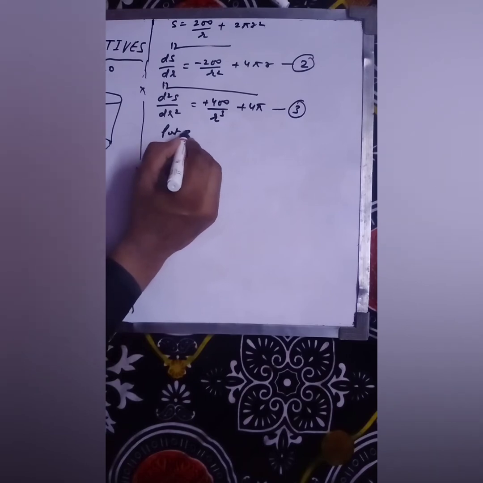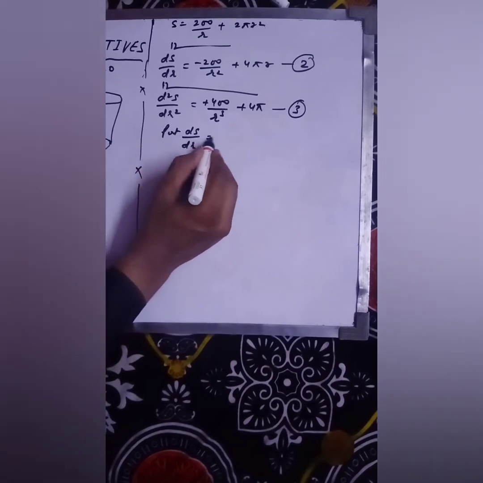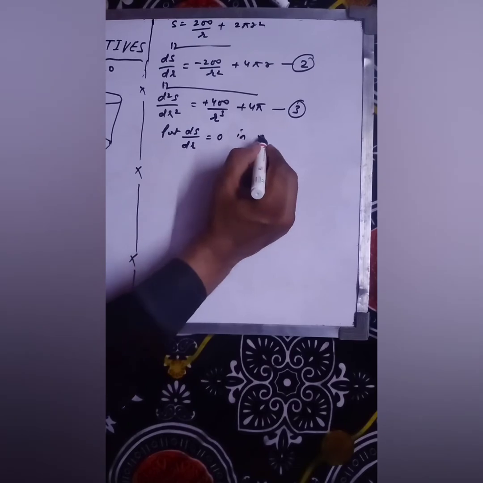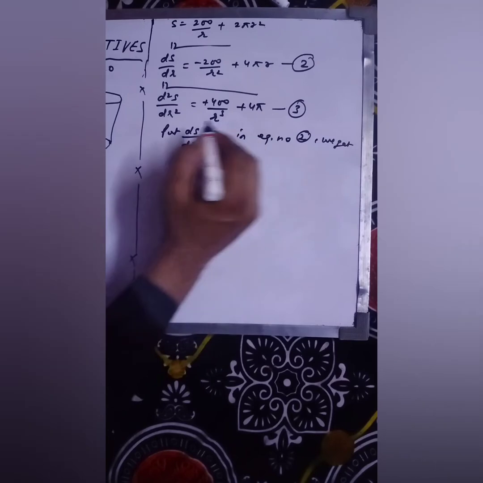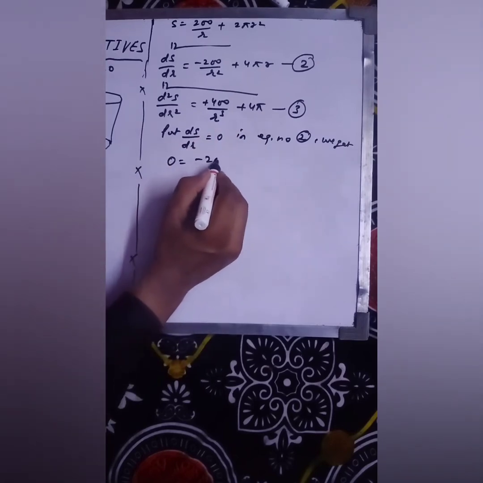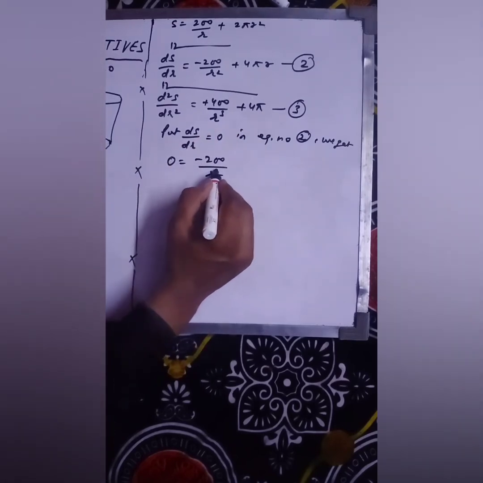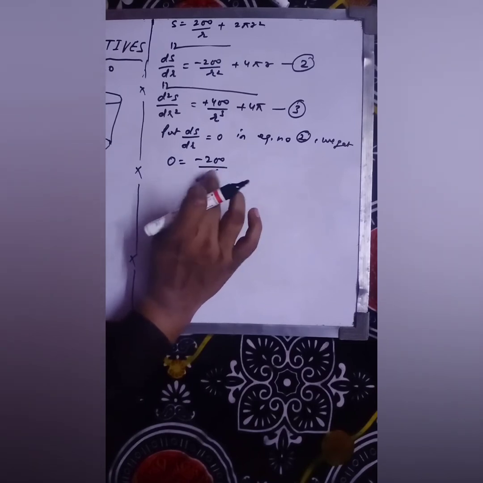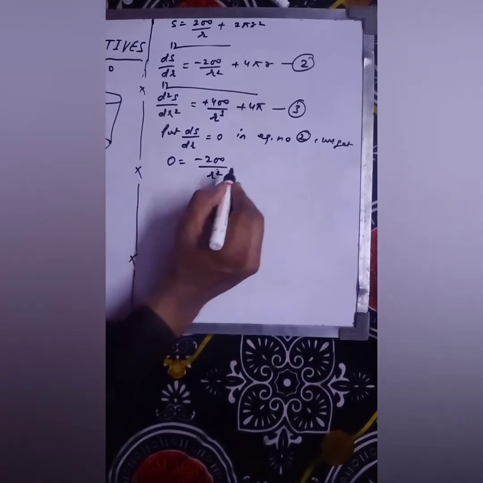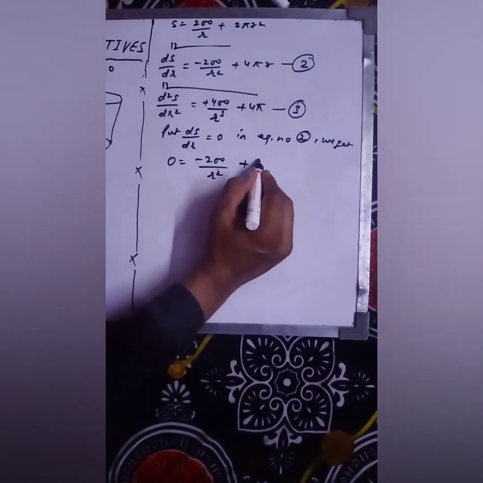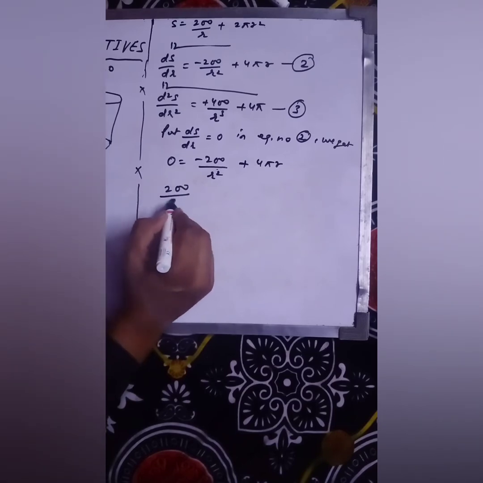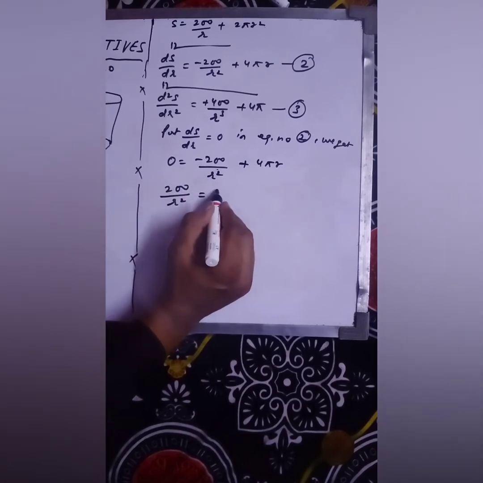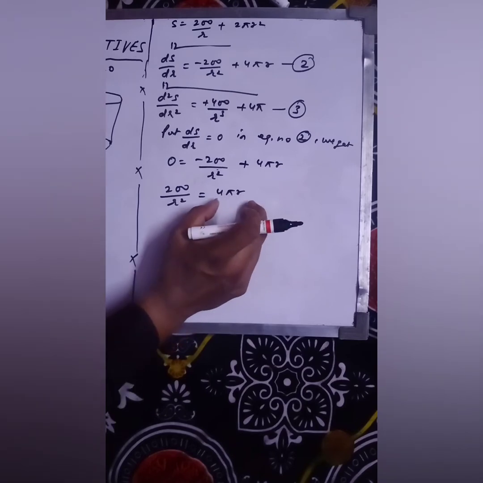Now put dS upon dr equal to 0 in equation number 2, and we get 0 is equal to minus 200 upon r square plus 4 pi r. This 200 upon r square will come on this side and the sign will change, and 4 pi r will remain on this side. Fine.